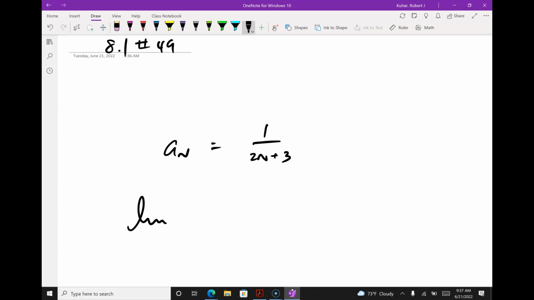I already know the limit as n goes to infinity of 1 over 2n plus 3 is 0. So I already know it's convergent, right? But I'm saying I want to show that it now also has this property of being monotonic and bounded below, right?